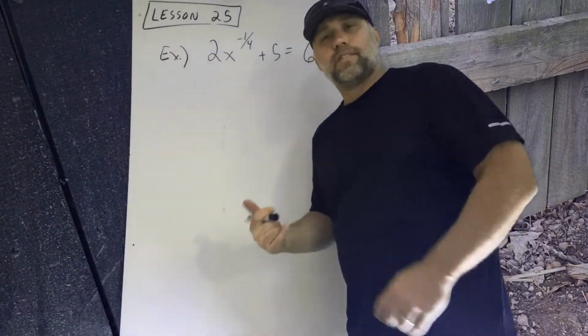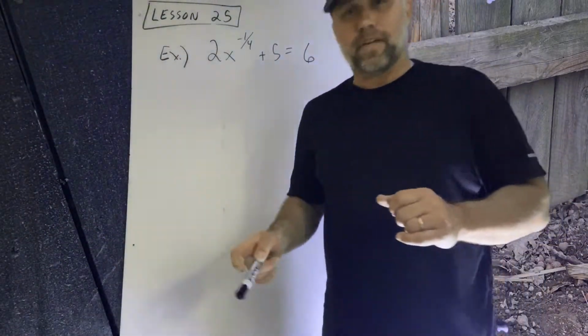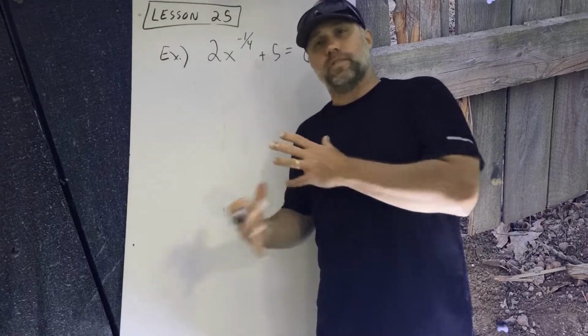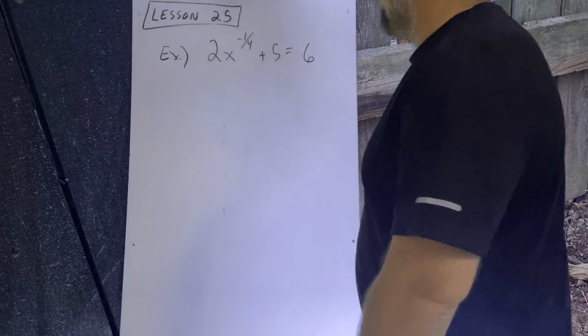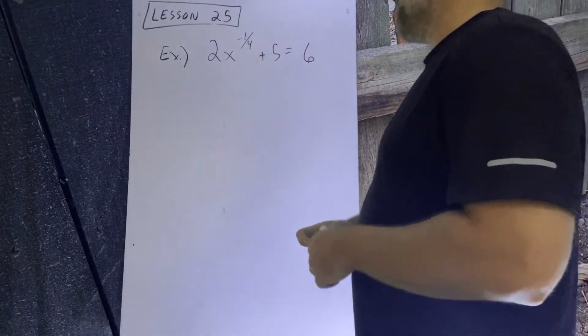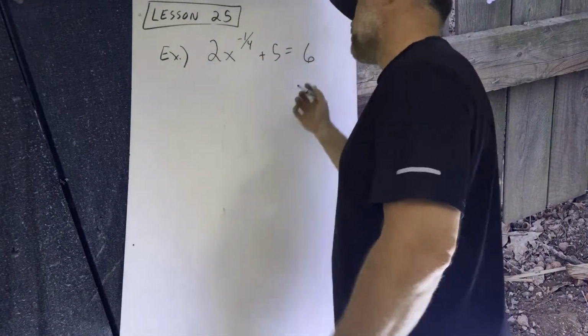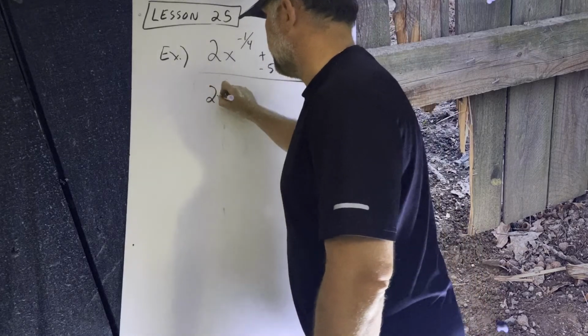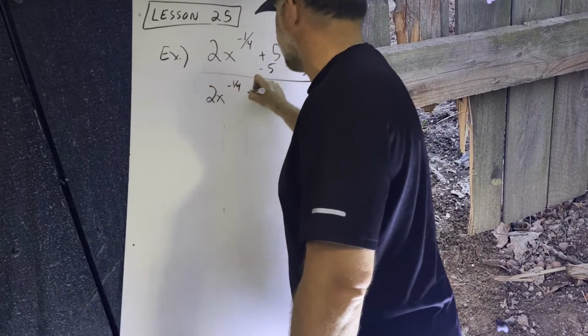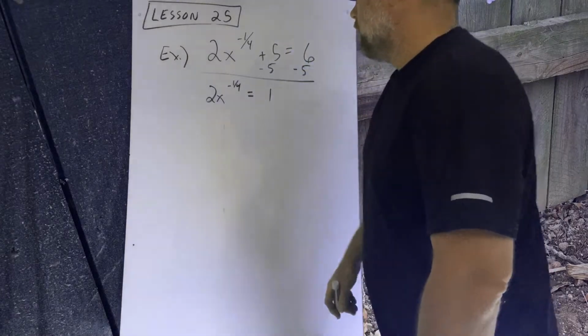All right, so this last one has a negative exponent in it in addition to the fractional exponent. So I'll show you how we handle that. Like all the others, the first thing I have to do, since I'm trying to get x by itself, is subtract this 5. And that's going to give me 2x to the negative 1/4 equals 1.